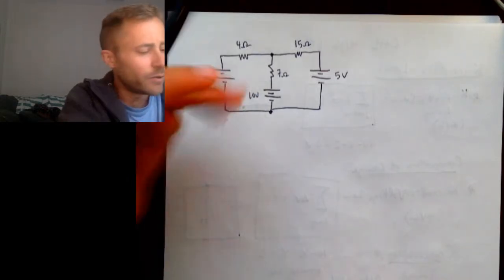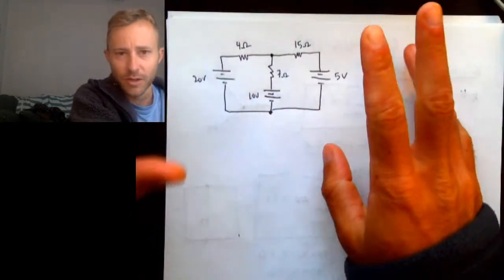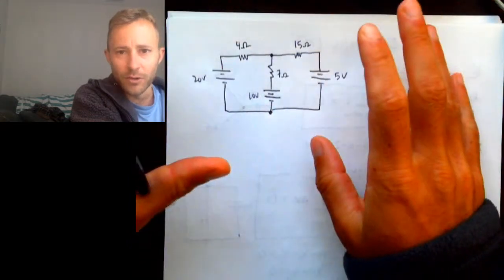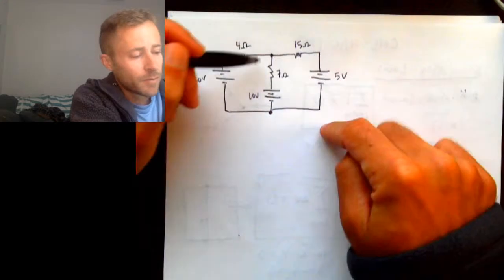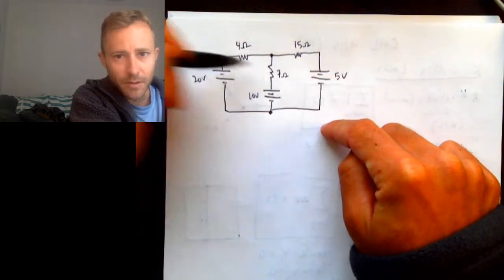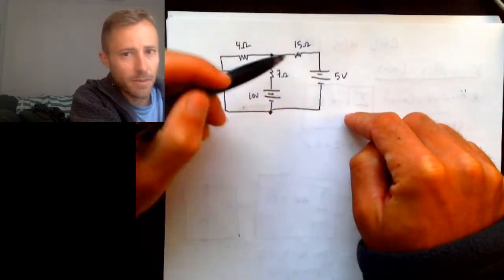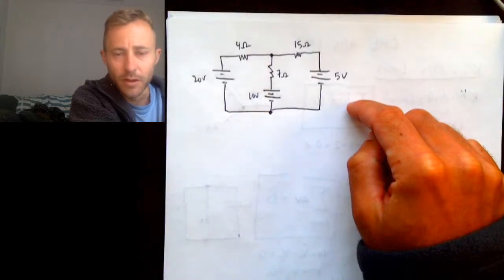So if you just forgot about the resistors and the batteries and stuff, and you just replaced them with wires, how many different wires would you need to build this circuit? That's how many different currents there are going to be. So there's going to be a current that flows along here. There's going to be a current that flows along here. And there's going to be a current that flows along here. Okay? So that's 3 currents.